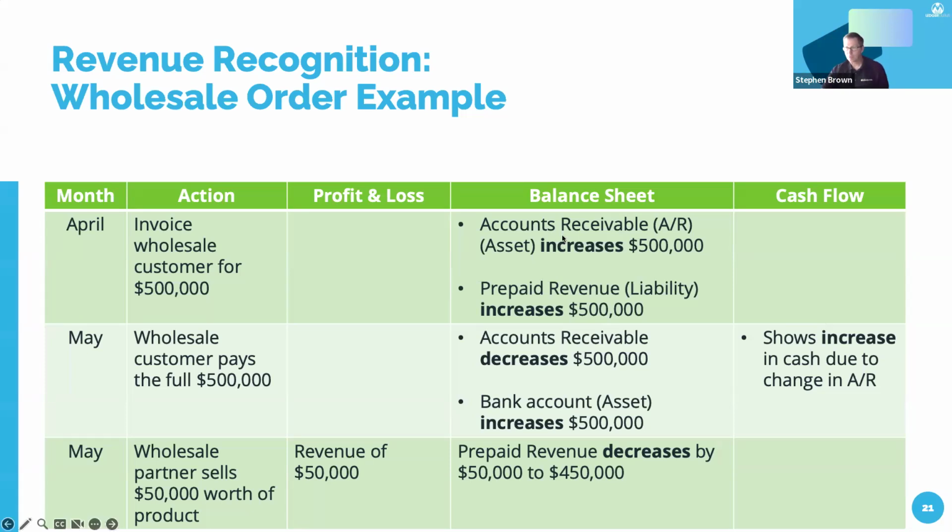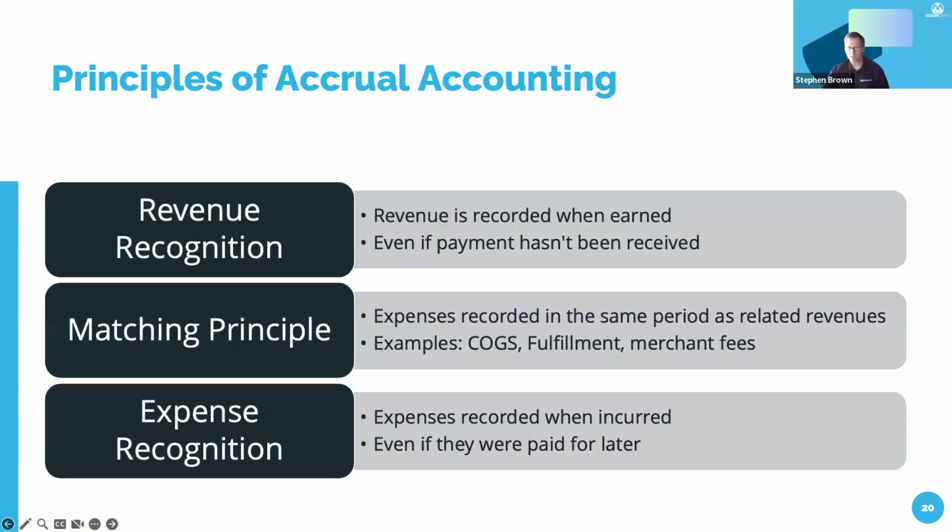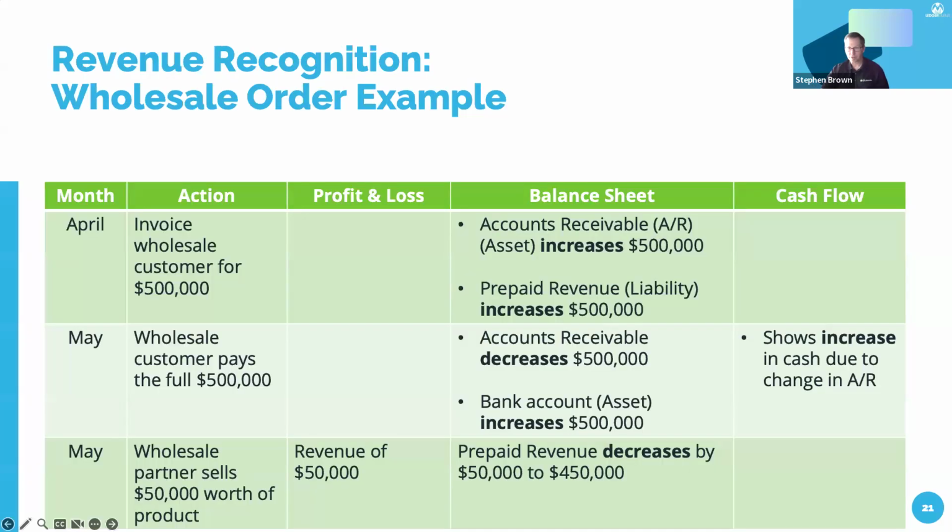So when I send out an invoice, my accounts receivable, what I'm owed, is going to increase by $500,000. But did I sell anything? No, I didn't. I basically am earning some prepaid revenue. So I'm going to apply $500,000 to prepaid revenue.